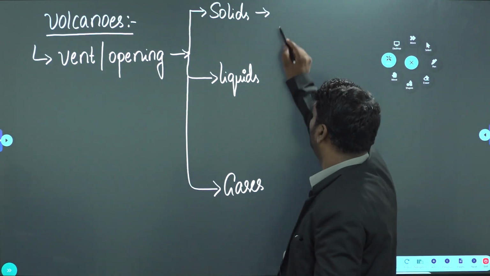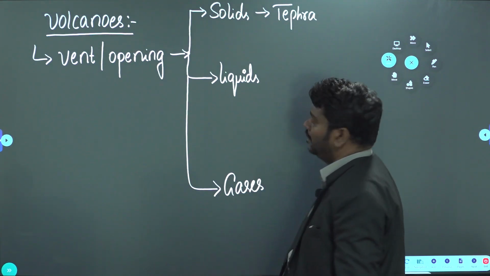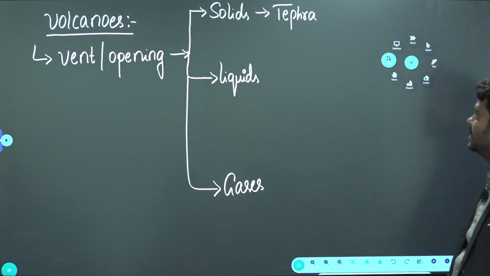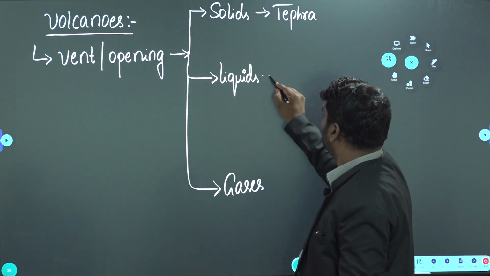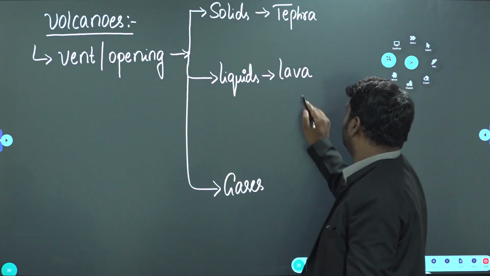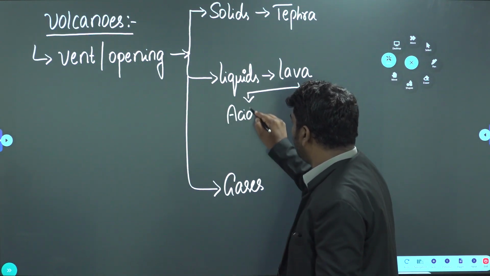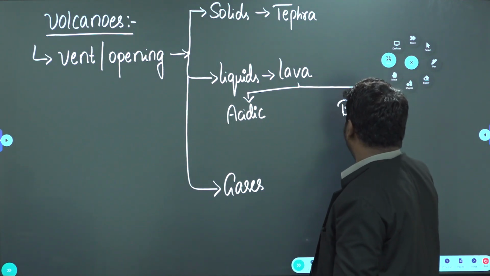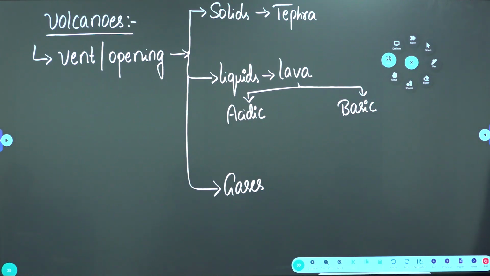That is liquid, no? Tephra, right? Tephra is solid rocks that come from the volcano. Liquid is lava. This lava is divided into acidic lava, basic lava.